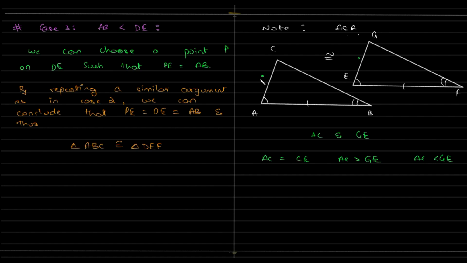The corresponding sides can be either equal, greater, or lesser. Does it make sense? So this can be 10, this can be 10, or this can be 8, or this can be 12. We don't know. So taking up different cases, we proved that these two triangles have to be congruent. So if you are able to cover all these three cases, means we are done with the proof.